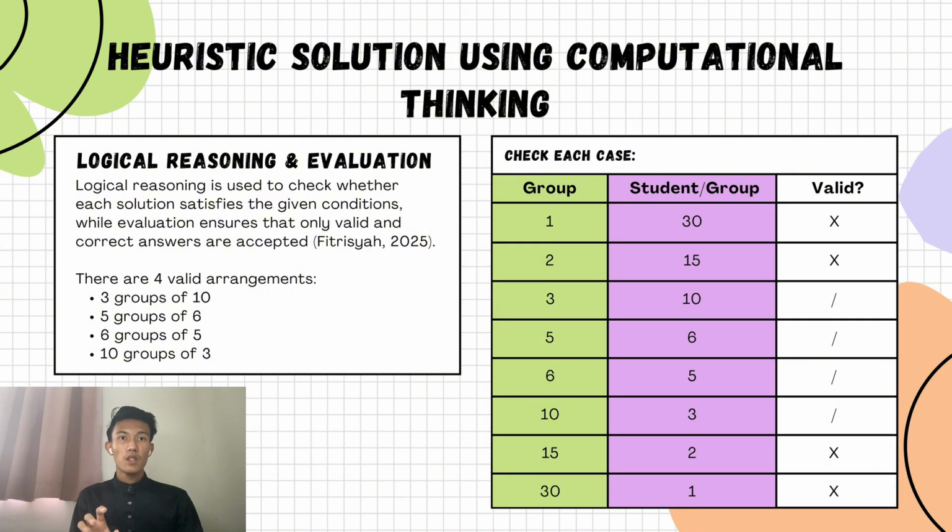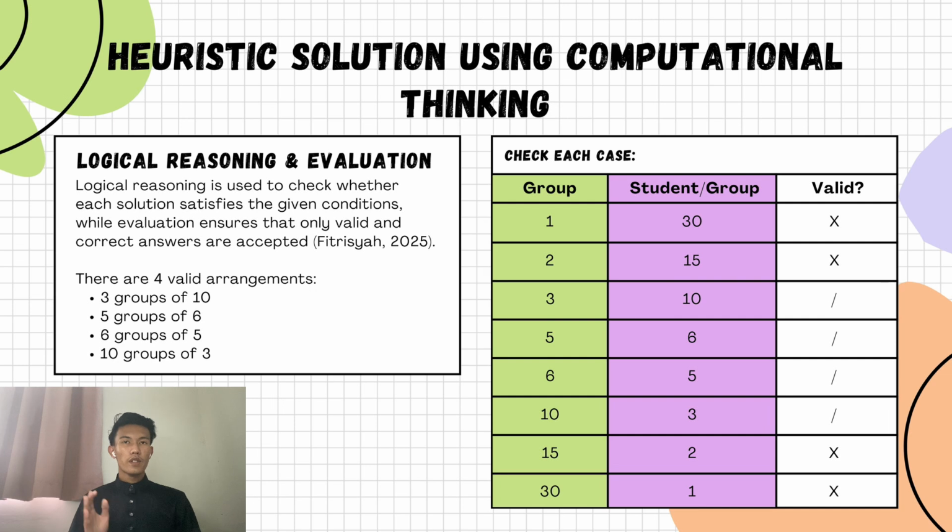5 groups, 6 students, valid. 6 groups, 5 students, valid. 10 groups, 3 students, valid. 15 groups, 2 students, not valid. 30 groups, 1 student, not valid.